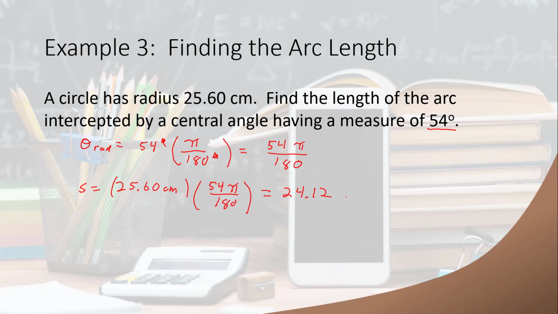But to do that, I want to look at the third decimal place, which is a 7, and that tells me that I need to round up to a 3. So this will round to 24.13 centimeters. Okay, so that's a collection of problems that you are going to find in your homework.